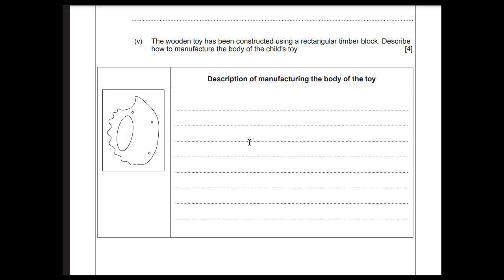Once you've finished cutting it out, it's going to be rough, so you need to think, how would you smooth this down? So again, you need to think what you would do in the workshop, or what have you already done. To smooth rough edges, you could use things like a file, so you could file the edges to make them smooth.